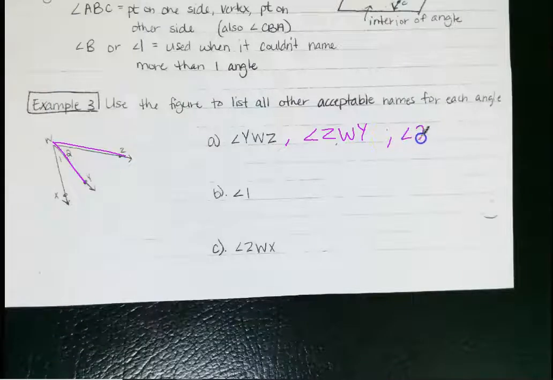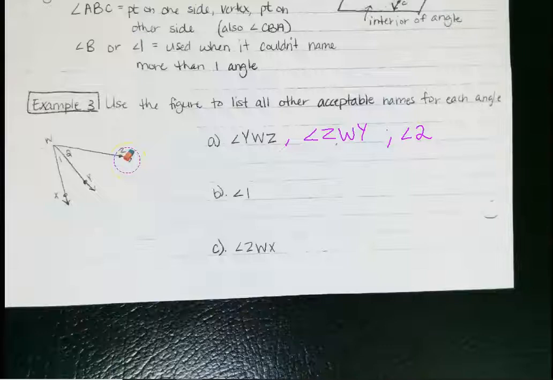Excellent, hopefully you noticed we could also name it angle 2, since it's got that 2 in there. We cannot name it angle W because W is also the vertex for this other ray coming out of it. So we cannot name it angle W.